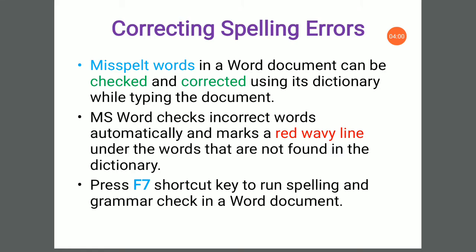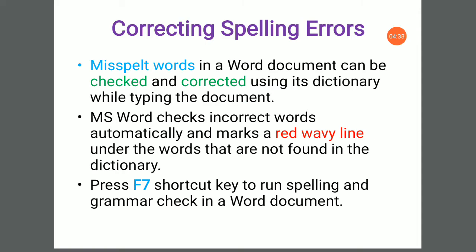Correcting spelling errors. Misspelled words in a Word document can be checked and corrected using its dictionary while typing the document. MS Word checks incorrect words automatically and marks them with a red wavy line under words that are not found in the dictionary. Press F7, the shortcut key, to run spelling and grammar check in a Word document.